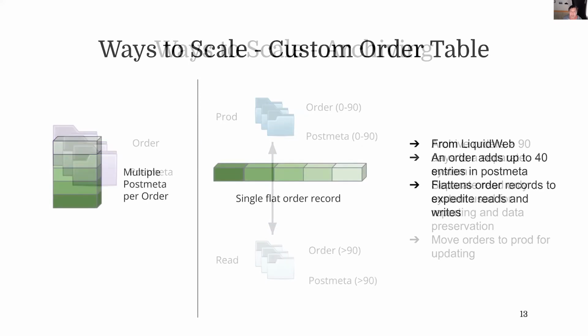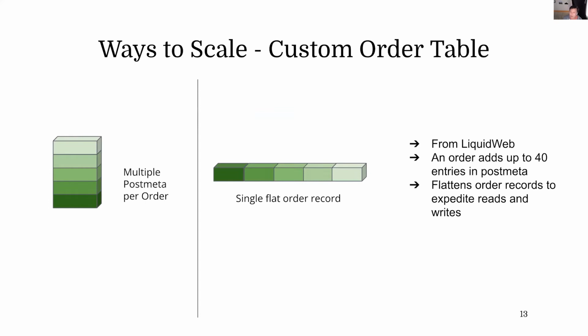Another example is scaling through custom order table. I don't know how much you guys know about this. This is actually a plugin that's offered by Liquid Web. As you know, in the post meta table, for each order you create, multiple records get created. So whenever you're doing any kind of lookup, the queries get complicated.